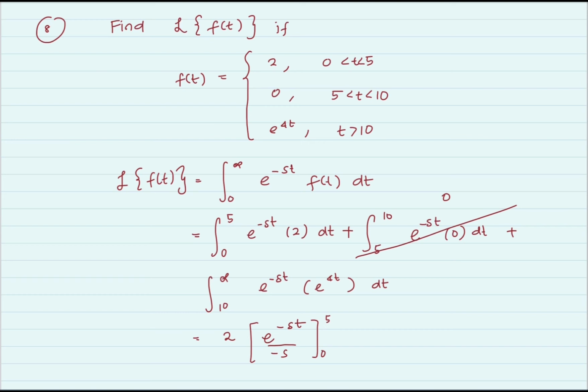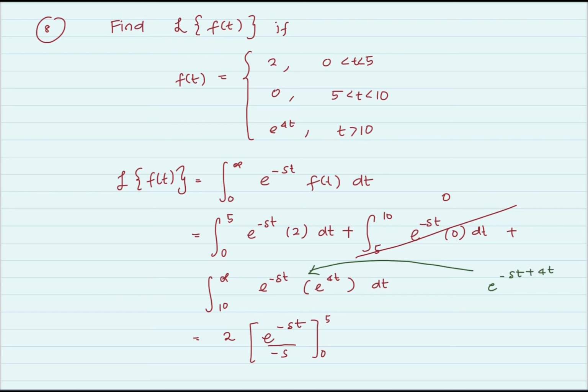And this one here, we can make it as e^(-(s-4)t), the same thing, because we have negative st. So we have e^(-st+4t).